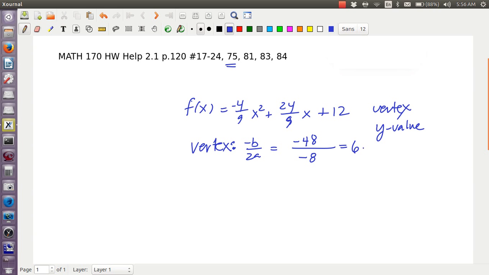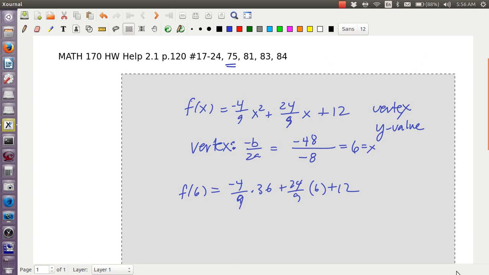Should be 6. Okay, so x is 6, and so we need the y value. So we need f of 6 equals, and you can figure it out. It's going to be times 36 here, plus 24 over 9 times 6. I have no idea what this is, but you guys can figure that out yourself. Okay.